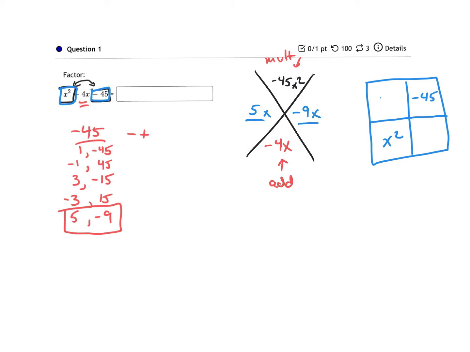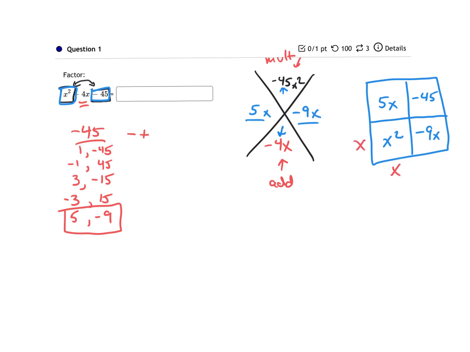Then these two numbers that we just found, multiplying to negative 45 and adding to negative 4, are going to go in the two empty spaces. It doesn't matter which one you put it in. You could have put the 5x down here and the negative 9x up here. Those two don't matter.